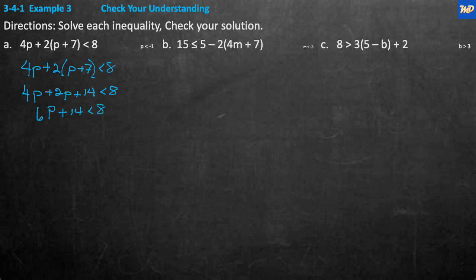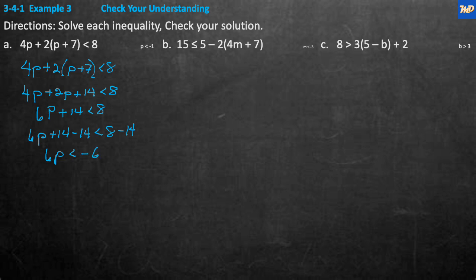We have to clear the 6p to live by itself, so to speak, so we have to move the 14. So we're going to say 6p plus 14 minus 14 is less than 8 minus 14. Simplify, we're going to have 6p is less than negative 6.